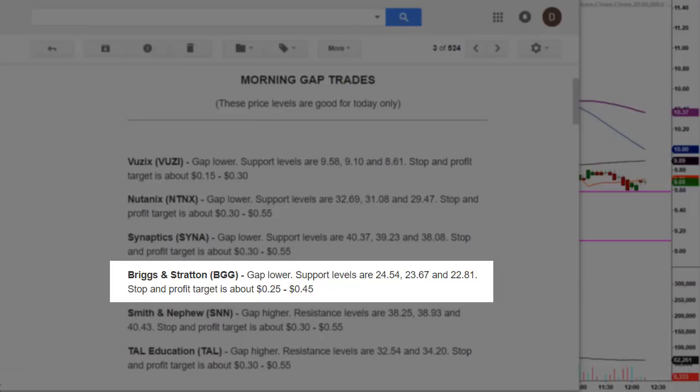So for example, we may get a trade on Briggs Stratton at 24.54, get a positive result, put profit in our pocket, and later on in the session, the stock might come down lower, hit the 23.67, and produce another trading opportunity.